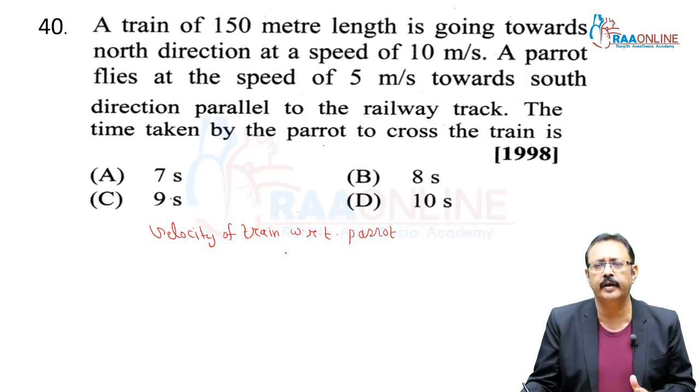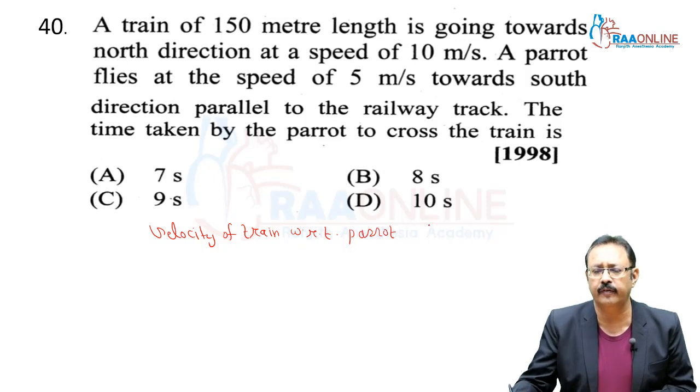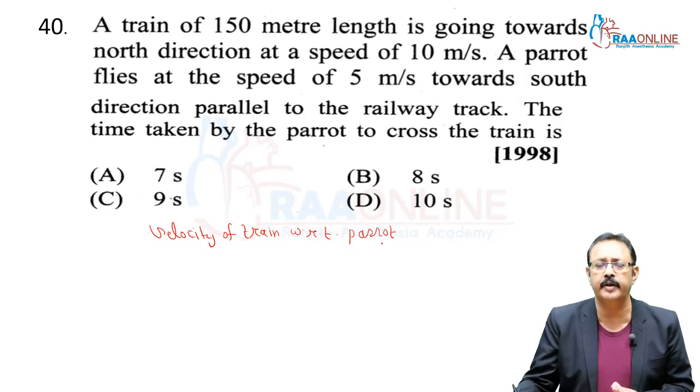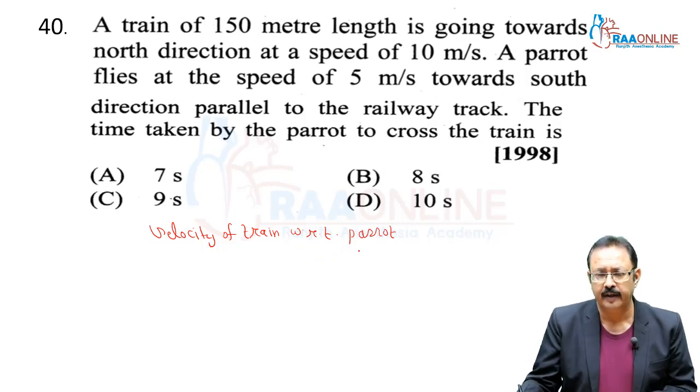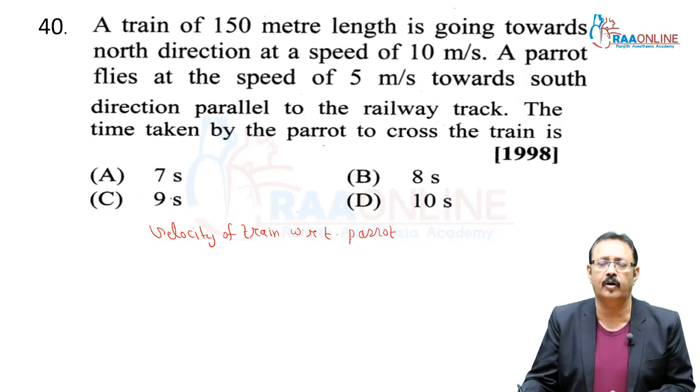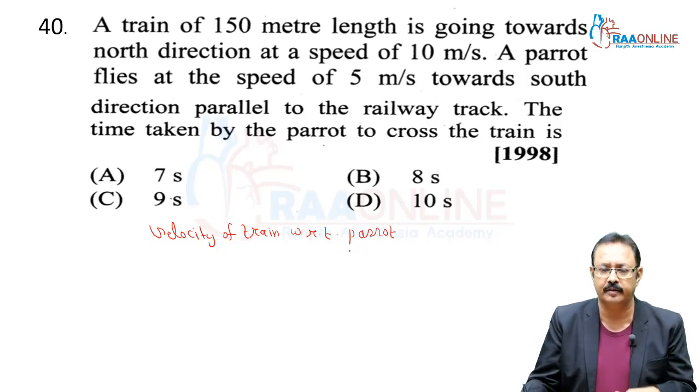What we have to do? The train is moving in the direction of north with speed 10 meter per second. If I am taking the north direction positive, south should be negative, but when I reverse the direction of the parrot, it will again be north, so it will become positive. So both are now in the same direction, so we have to add them.